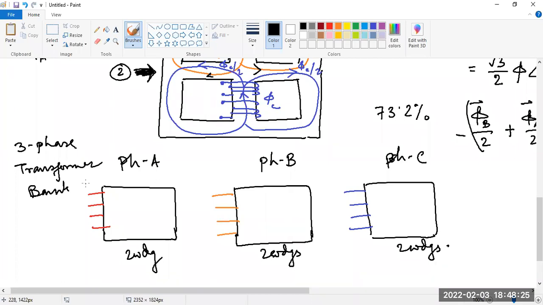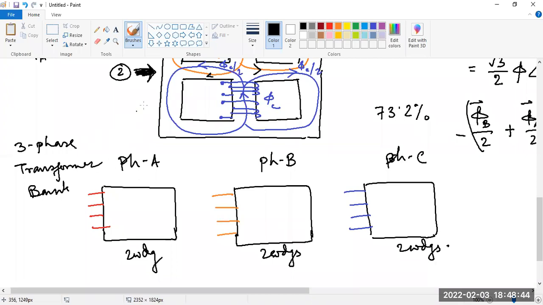How many windings you have in a single phase transformer? 2 windings. Okay, 2 windings. How many terminals? 4, sir, 4 terminals.